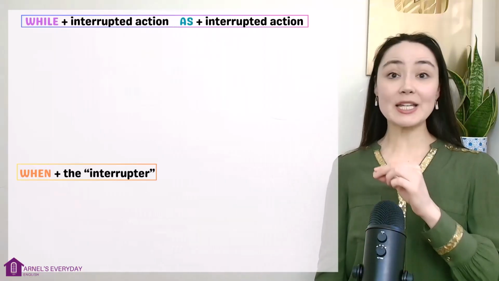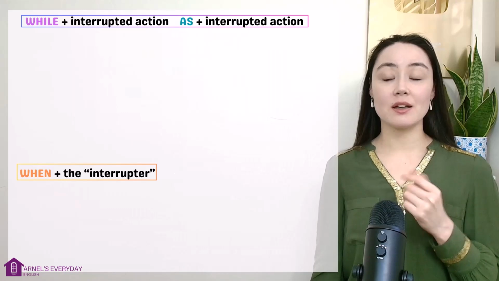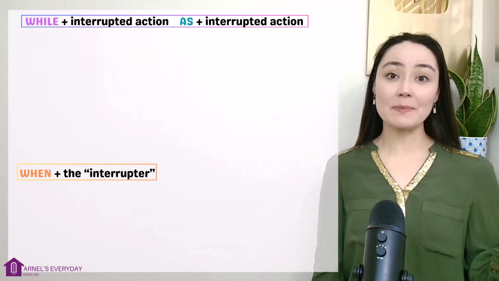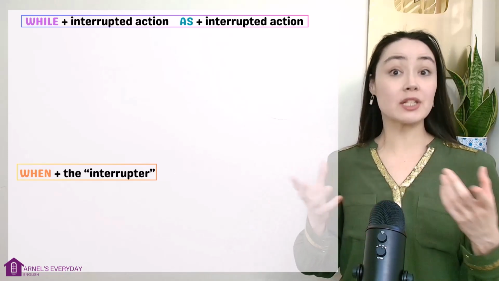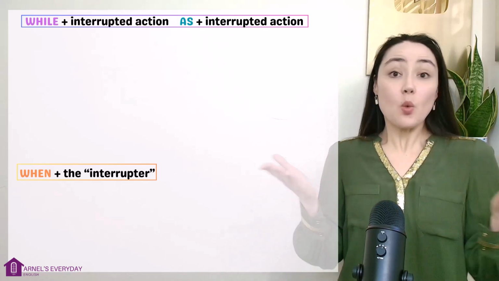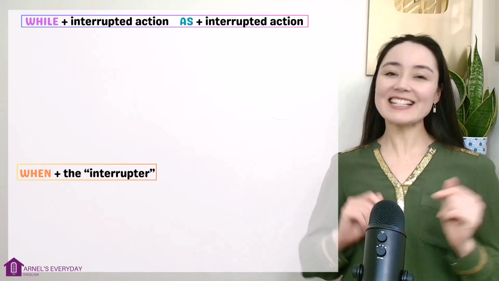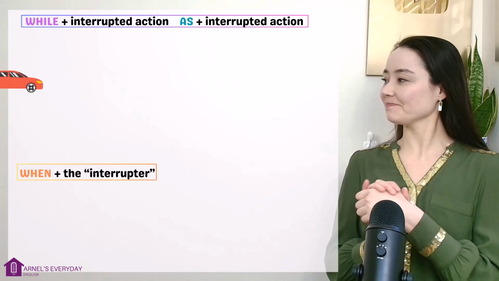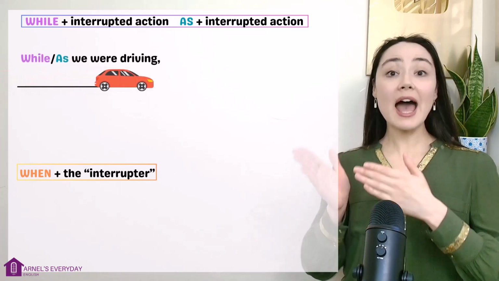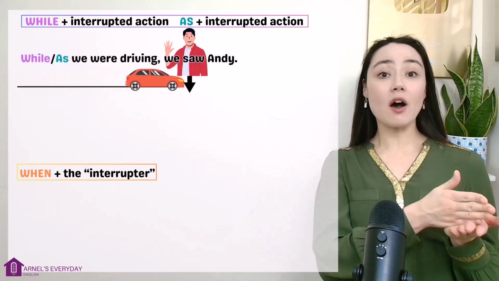While plus interrupted action. As plus interrupted action. When plus the interrupter. What does this mean? Let's take a look at a few examples. While, as we were driving, we saw Andy.